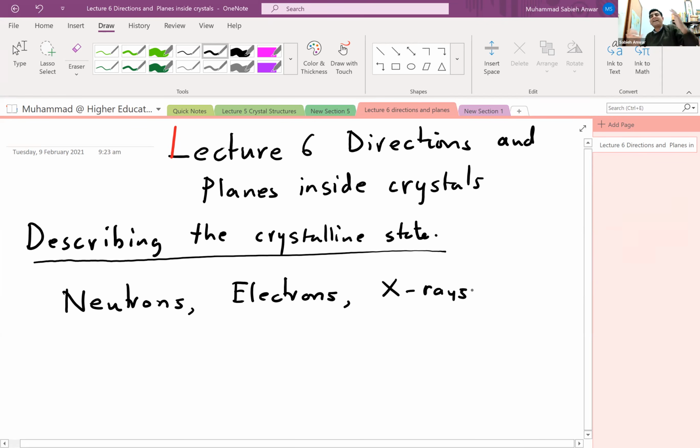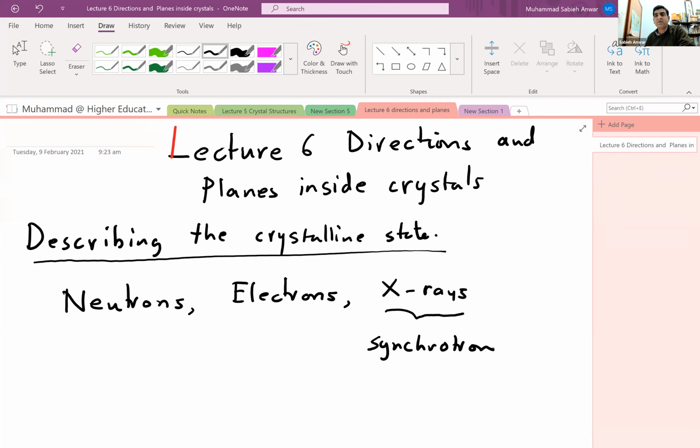X rays include the new area of synchrotron radiation, which are X rays of a special kind, highly energetic and highly intense beams coming out from a cyclotron. Electrons could be used in an electron microscopy experiment, and neutrons could be used in a neutron diffraction experiment. So these three are the most popular probes of the crystalline state.